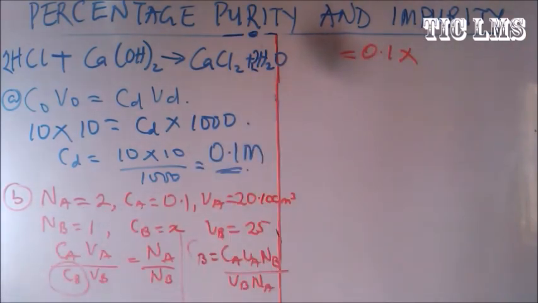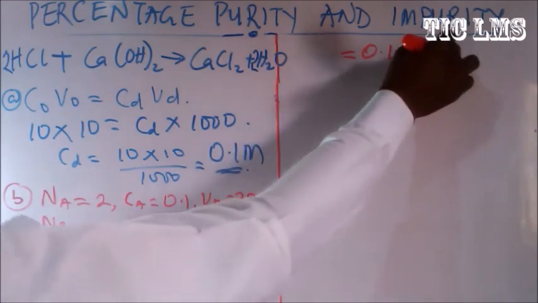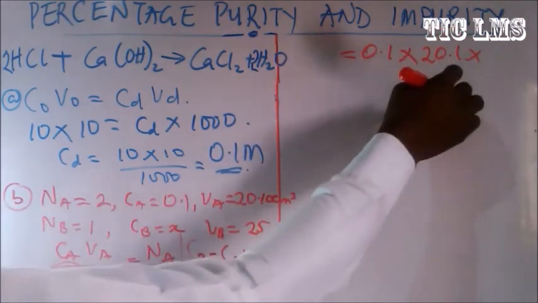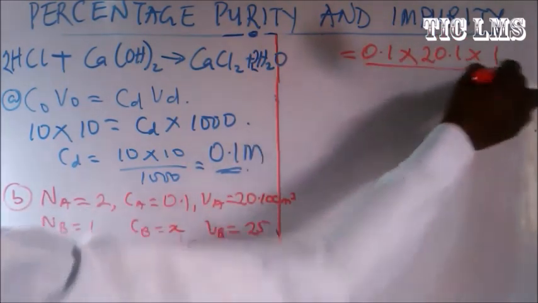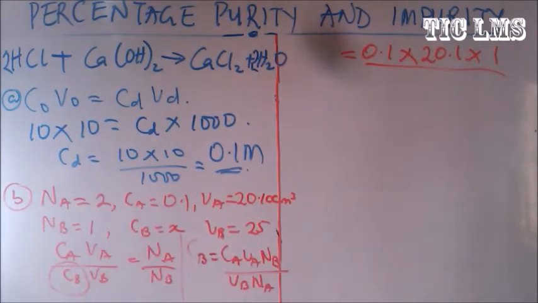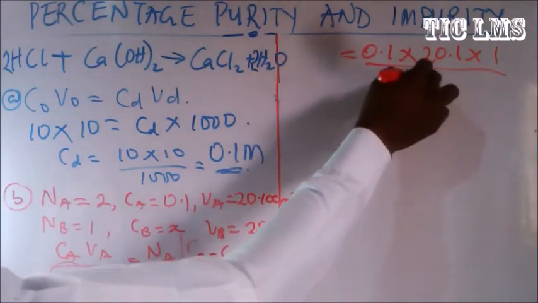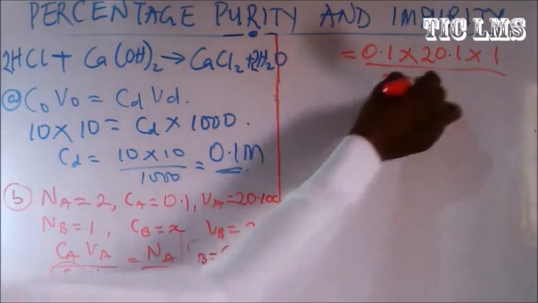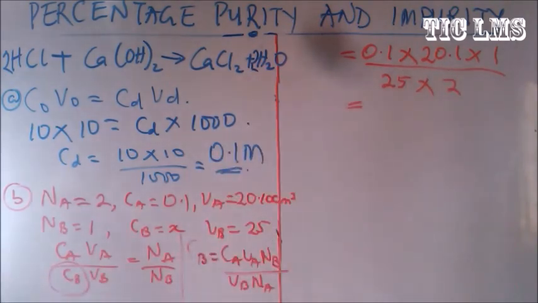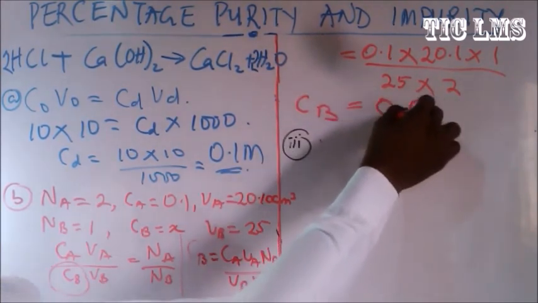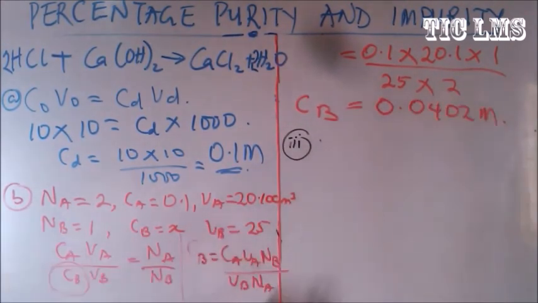Then volume of acid, we have it as 20.1. Then number of mole of base is 1 over the volume of base, which is 25, and the number of moles of acid, we have it as 2. And so when we multiply all this, it produces 0.0402 molar. So here, that is the concentration of the base in mole per dm cubed.